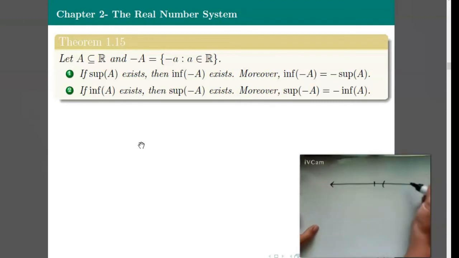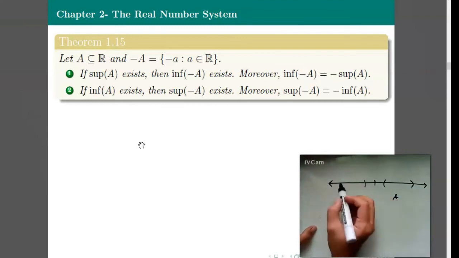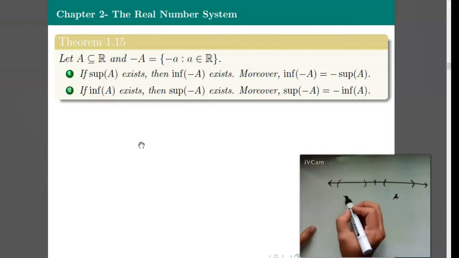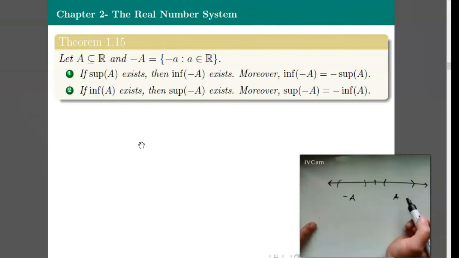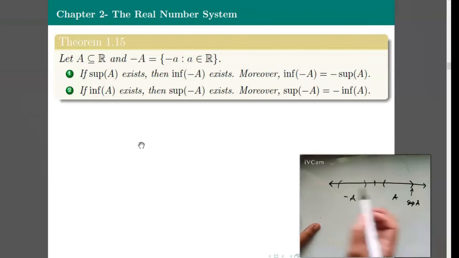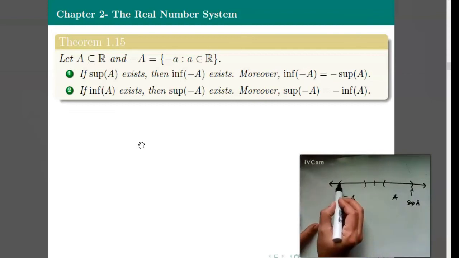If we have set A here, this is the negative of A. And if the supremum of A exists, so we have here the supremum of A, then the infimum of negative A is here.